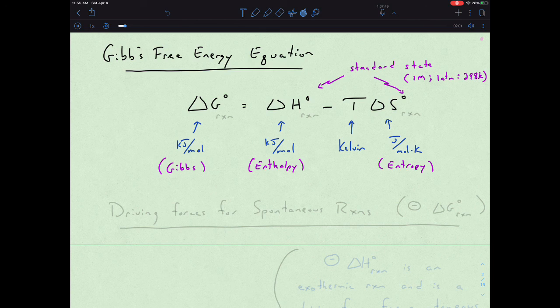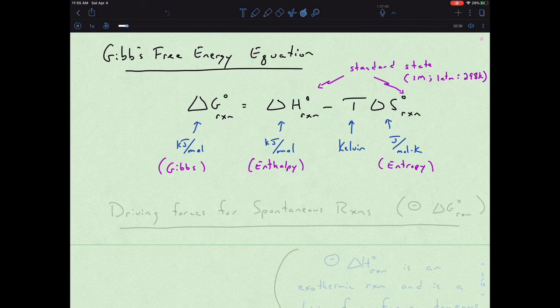So those are the different components to the Gibbs free energy expression, and really these are all in terms of the system, right? In terms of the actual reaction, as far as that's concerned.